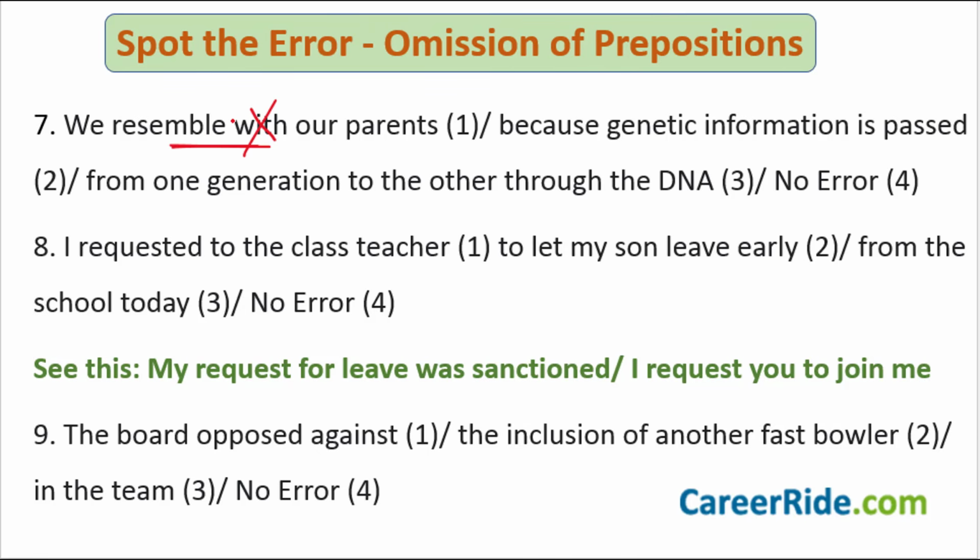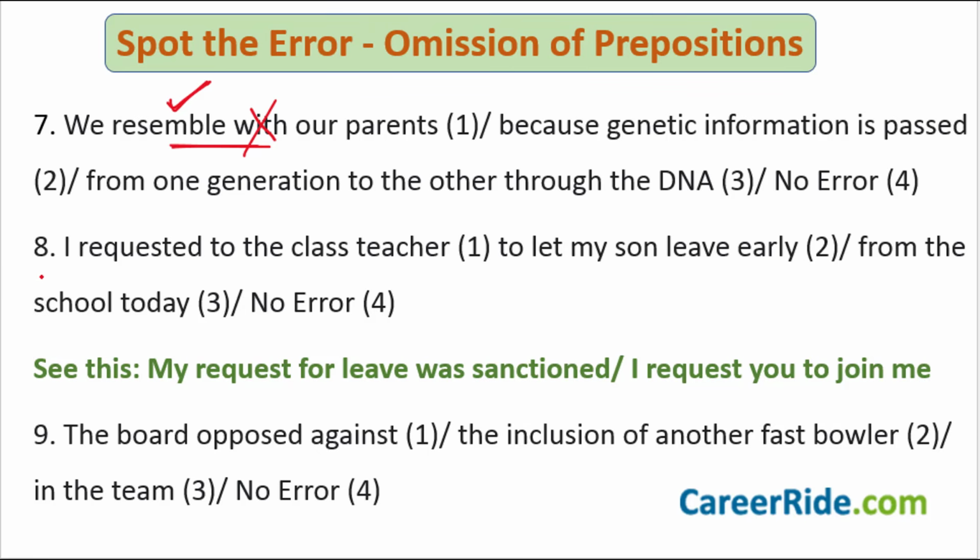We look similar to our parents is basically what it means here. So we resemble our parents, we don't resemble with our parents. Remember, with resemble, you can just write the sentence straight away. You do not need to use "with" or "to" here.